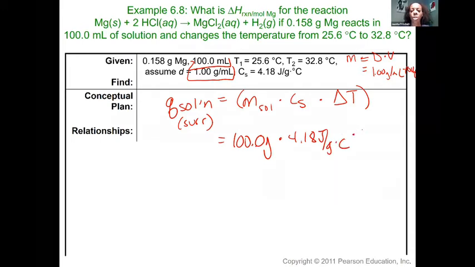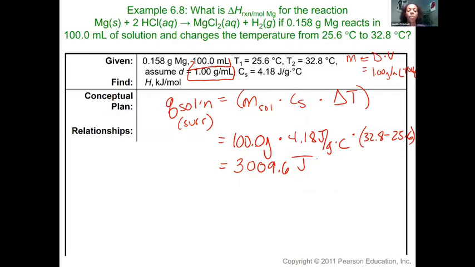The change in temperature is the final 32.8 minus the initial 25.6. When we plug that all in, we have 100 times 4.18 times 32.8 minus 25.6, and that gives us 3,009.6 joules for the heat of the solution.